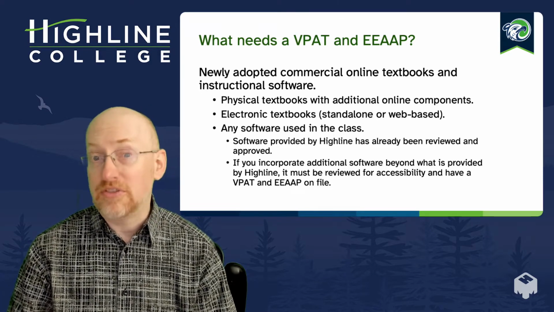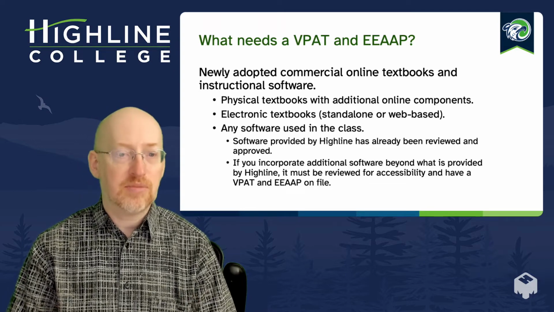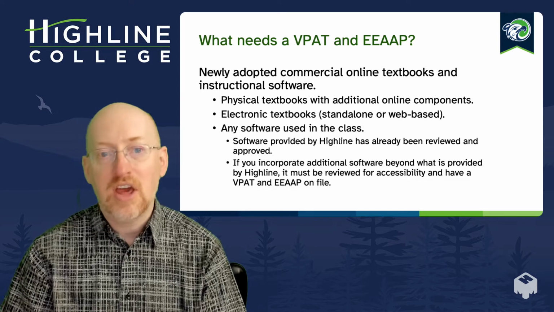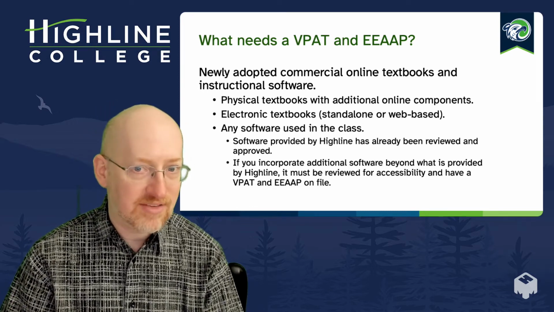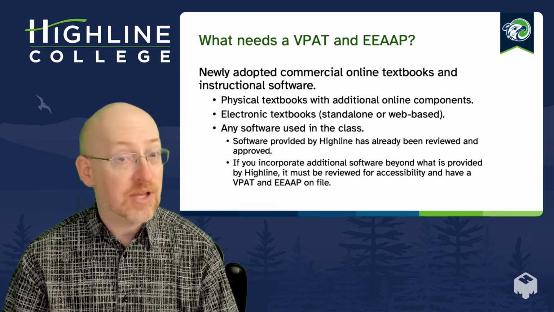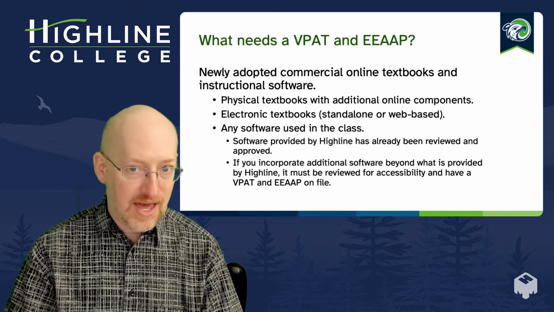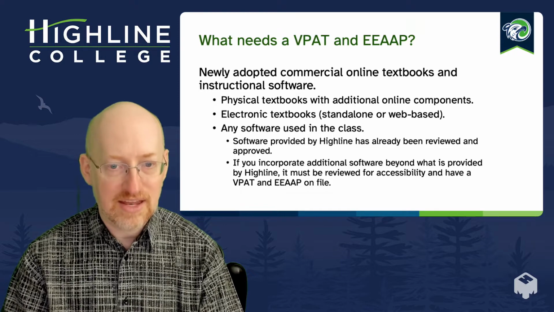So, physical textbooks with an additional online component, electronic textbooks, whether it's downloaded as an EPUB or if it's web-based, and any software used in the class beyond what Highline already provides. So, the software that Highline provides has already been reviewed and approved for use. If you incorporate additional software beyond that, it needs to be reviewed for accessibility and then have its own VPAT and EAAP on file.